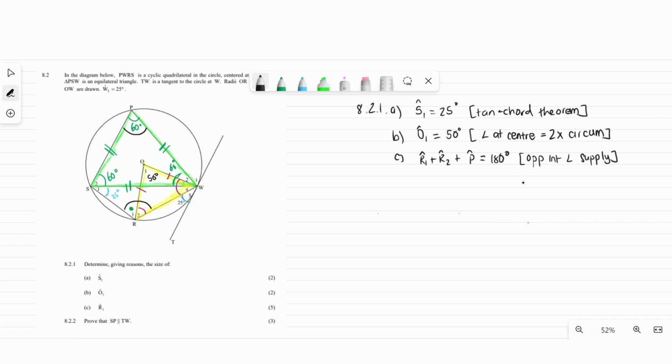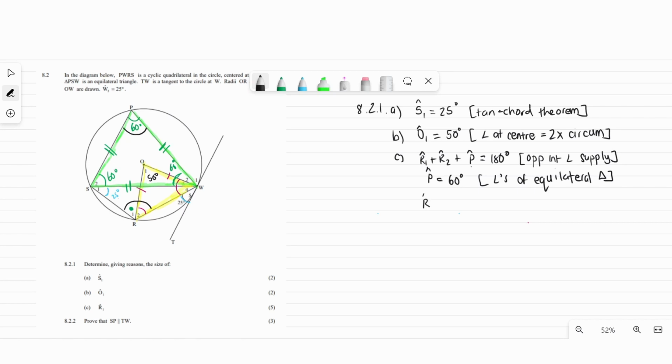Now we need to find angle P. We know that it is 60 degrees, but you need to write it down. So angle P is equal to 60 degrees, and the reason is angles of an equilateral triangle. So now we can substitute P to find R1 and R2.